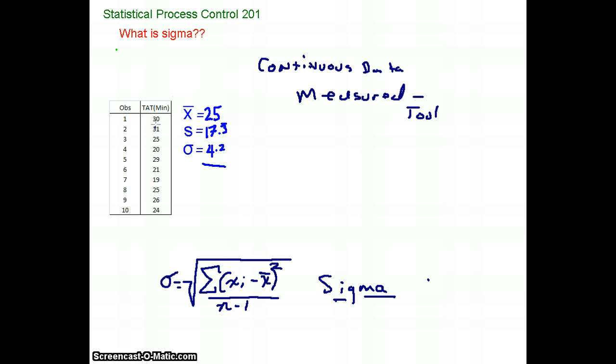So in this instance, turnaround time, we could have measured these times to the millionth of a minute, to the femtominute if we'd wanted to be very, very precise. And in theory, there could be an infinite number of possible turnaround times in our data set.